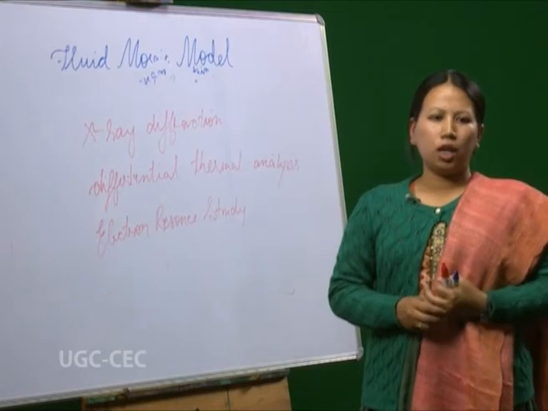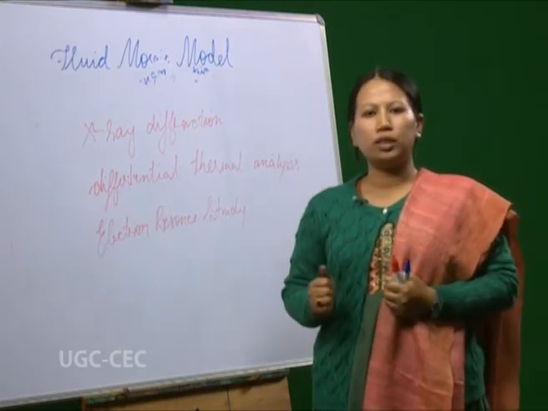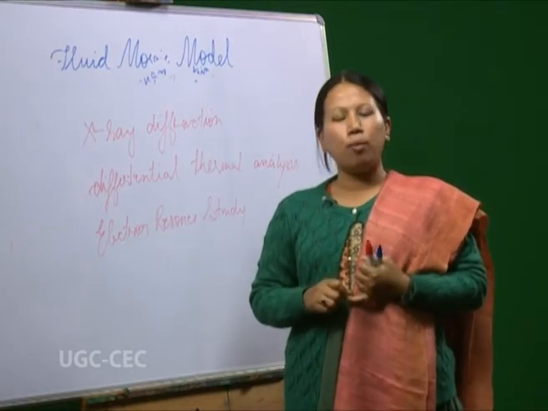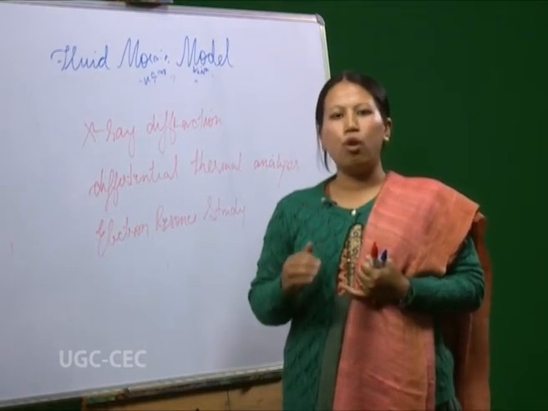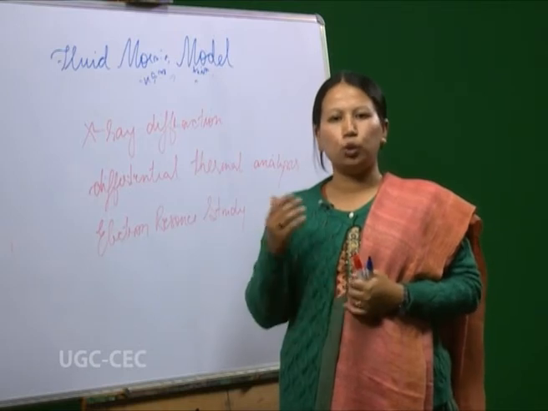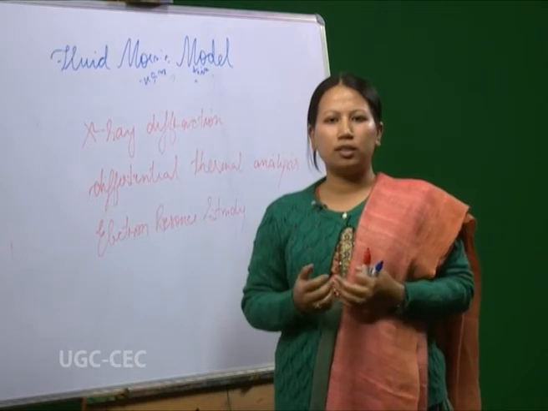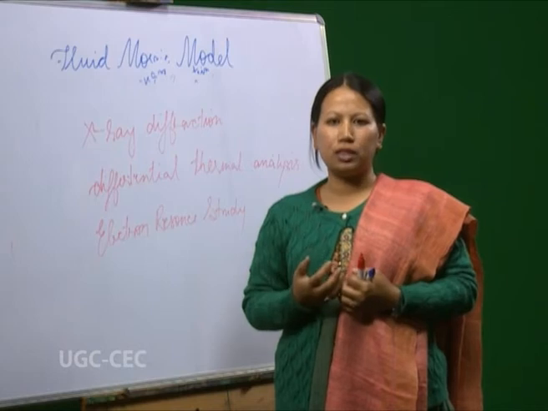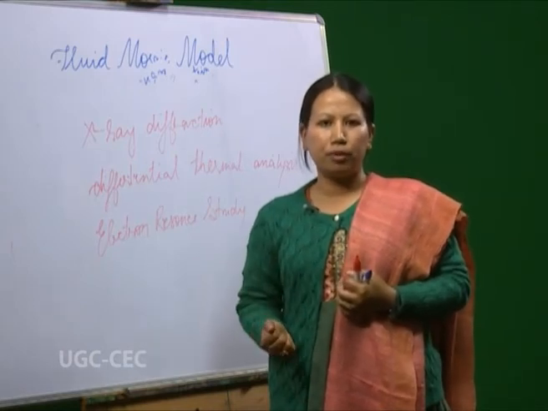Let's come to the conclusion. From the present study, we came to the conclusion that the fluid mosaic model of membrane structure postulated by Singer and Nicholson in 1972 is the most widely accepted and satisfactory one. Though different hypotheses have been postulated by different scientists regarding the structure of a cell membrane, they failed to give satisfactory results with regard to various properties of a cell membrane.